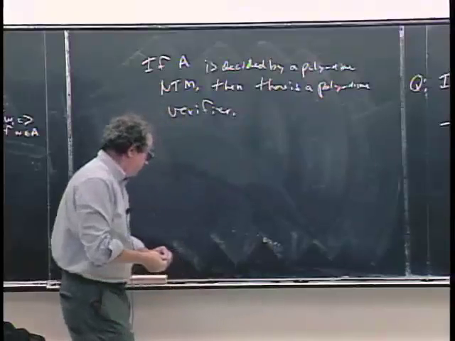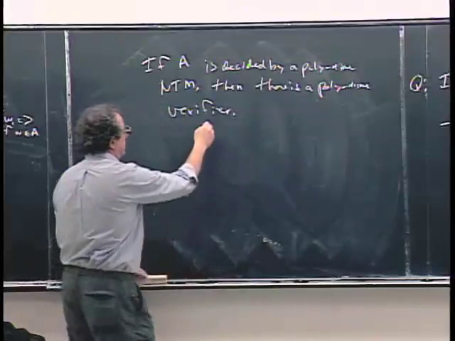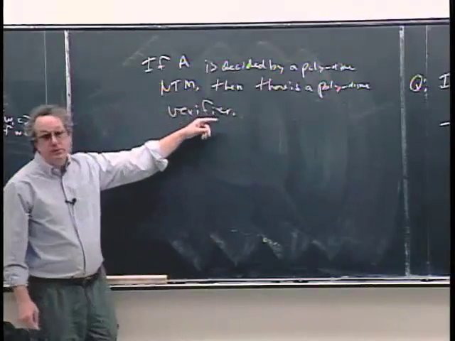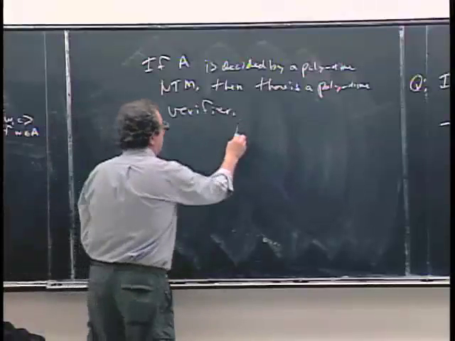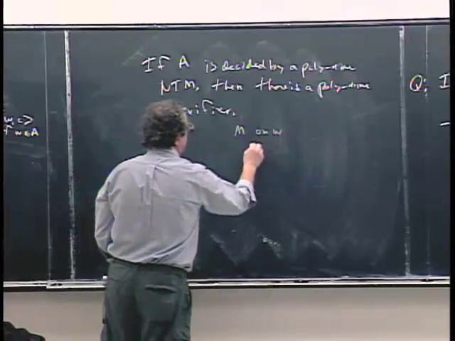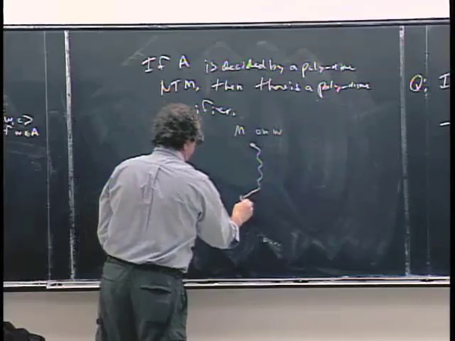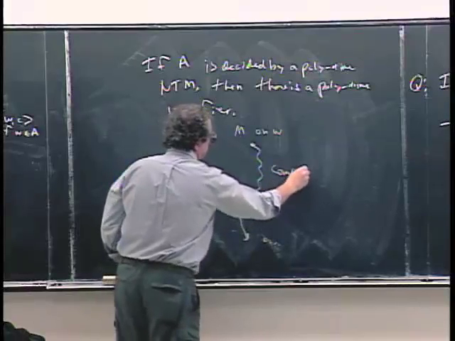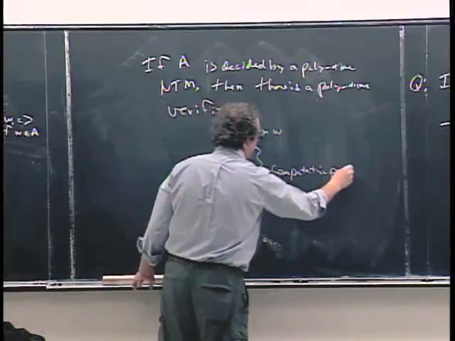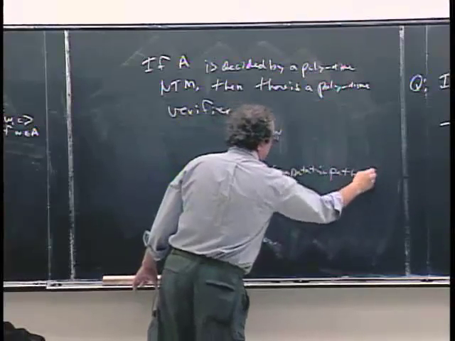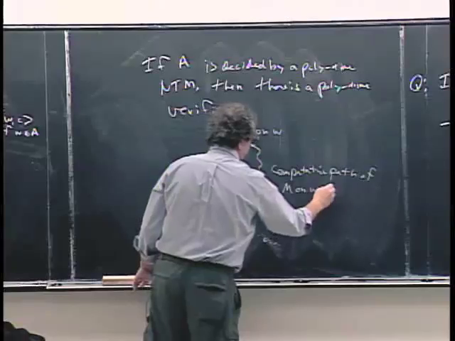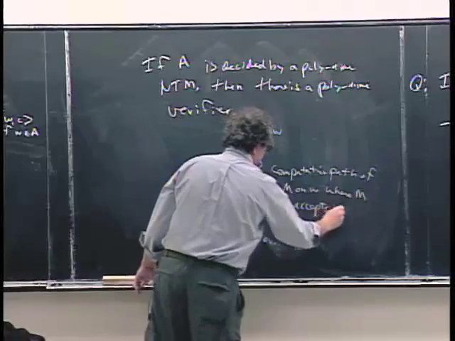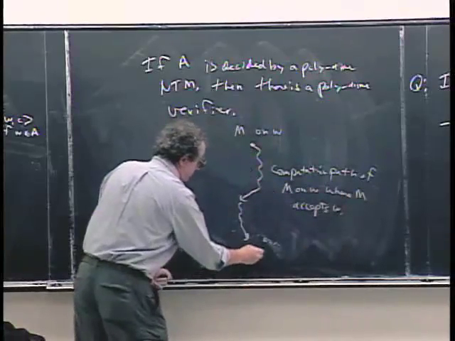Now this one is pretty straightforward because there's a polytime Turing machine that decides. So that means that when you run M on W, there's some computation path that M takes that leads to an accept, where M accepts W. Okay, so this is an accept.